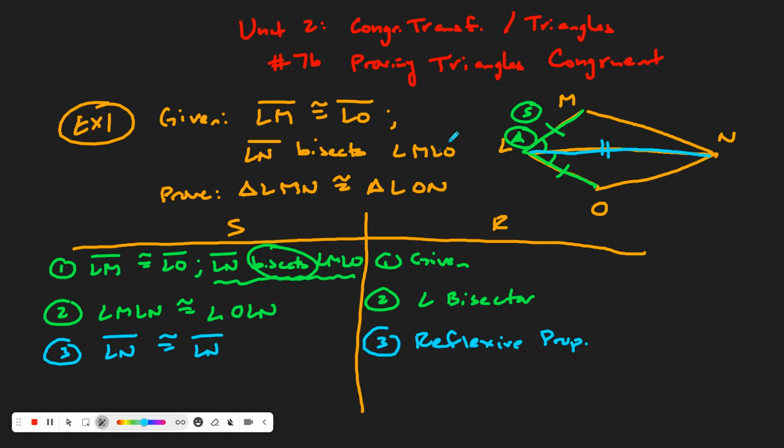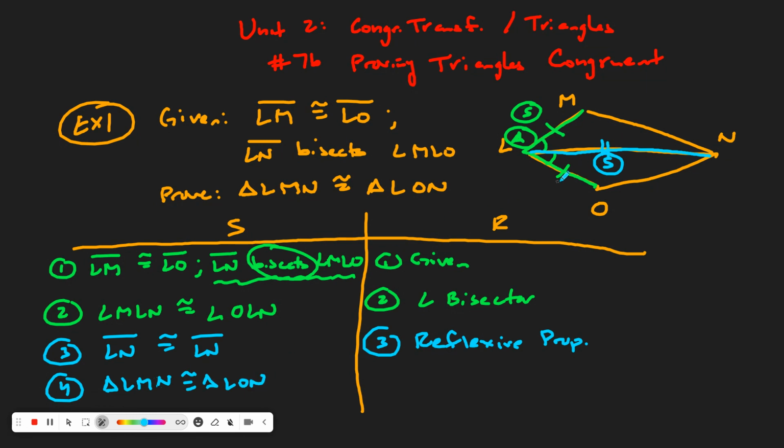And now if you look here, there is another pair of sides. I'll put an S. And our job is done. We have 3 of those letters. Now, how do I tell which way the triangles are congruent? Well, let's write that down first. So, step 4. So I know the triangles are going to be congruent. So triangle LMN will be congruent to triangle LON.